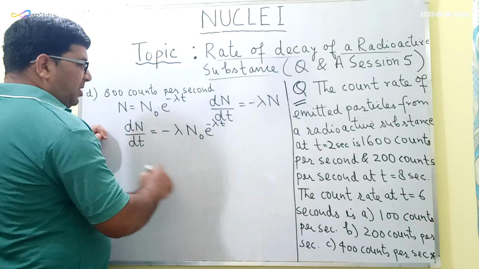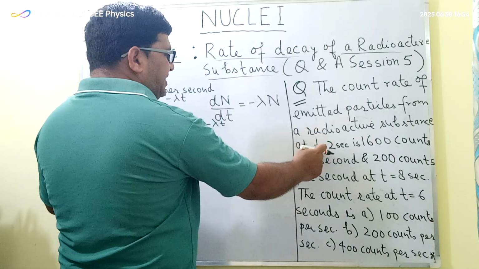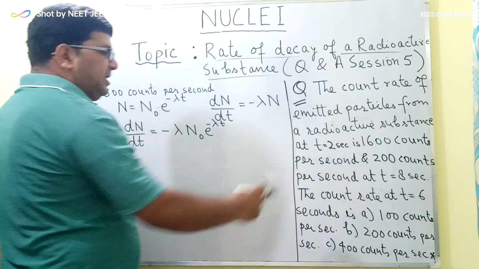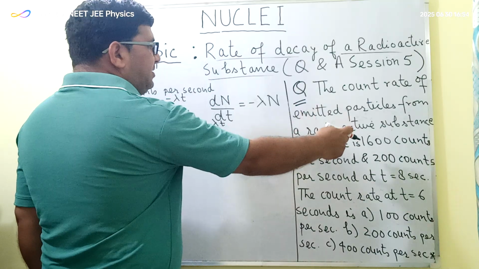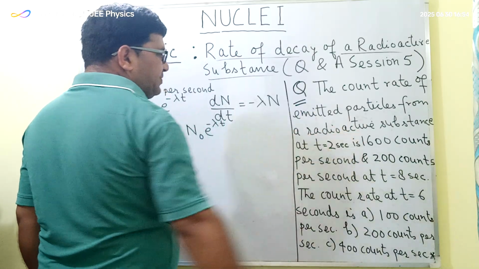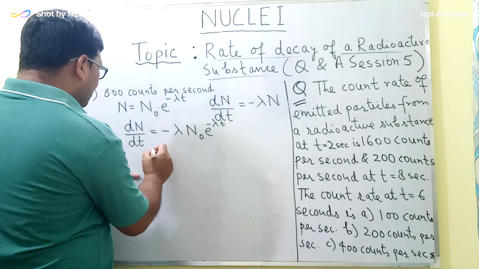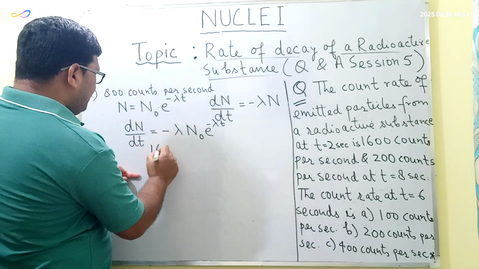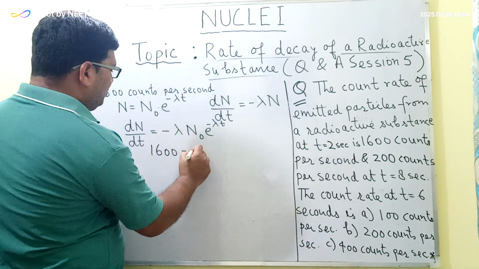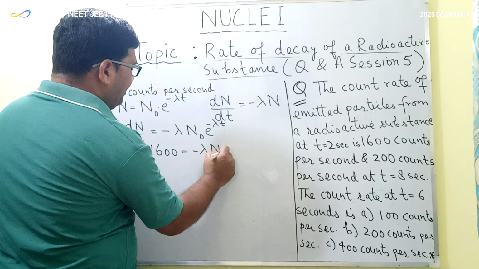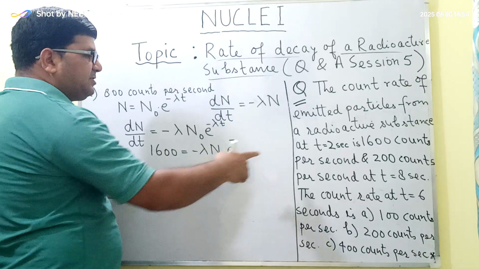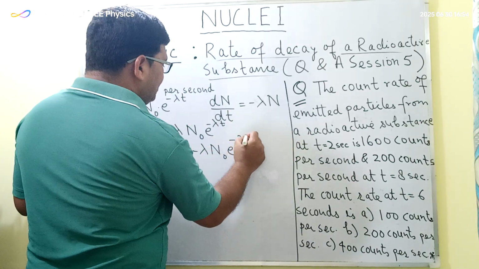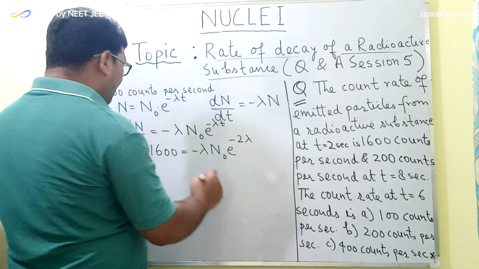Let us take the first case, at t equal to 2 seconds, the count rate of the emitted particle is 1600 counts per second. So dN upon dt is equal to 1600, which is equal to minus lambda N naught multiplied by e to the power minus 2 lambda.